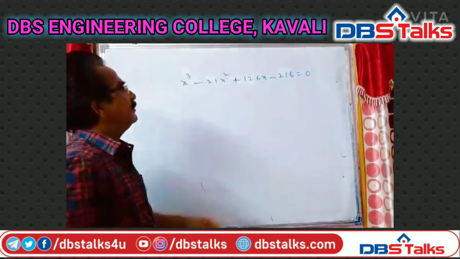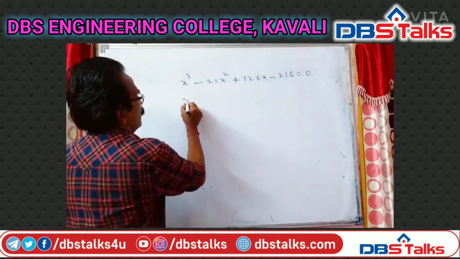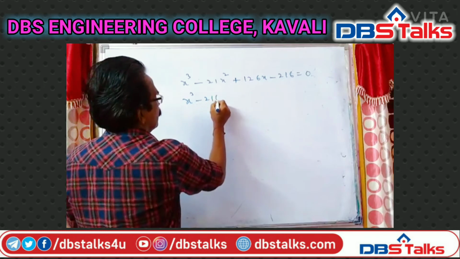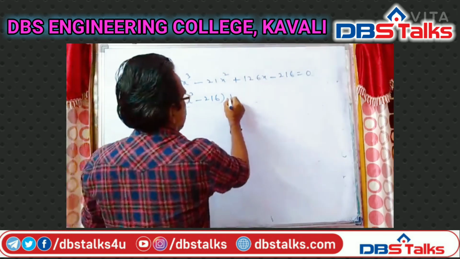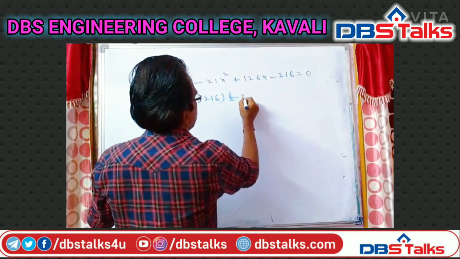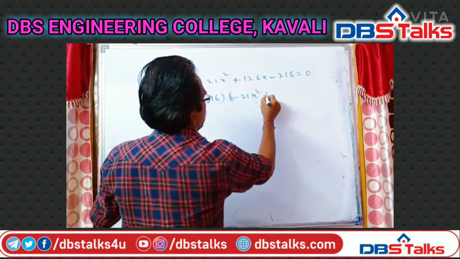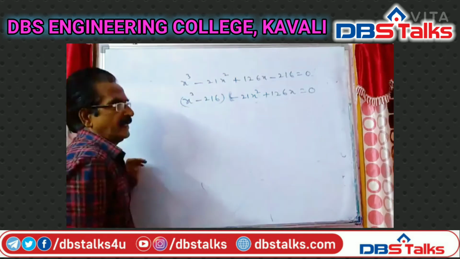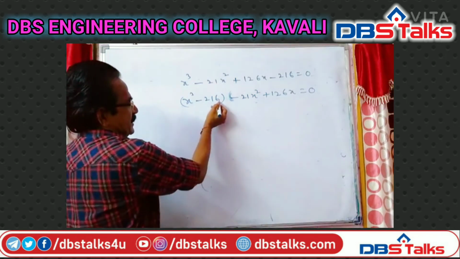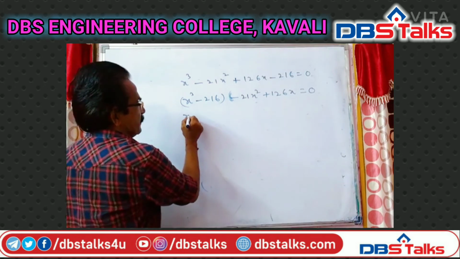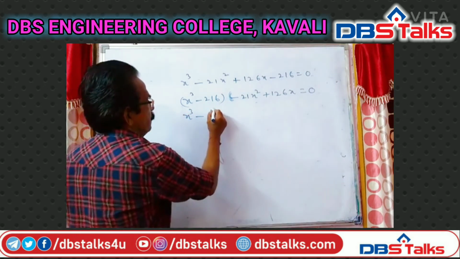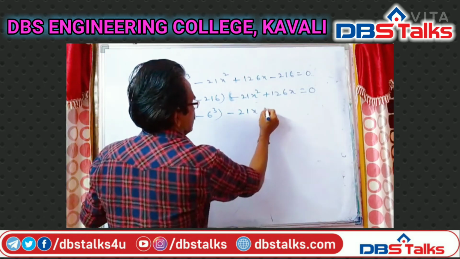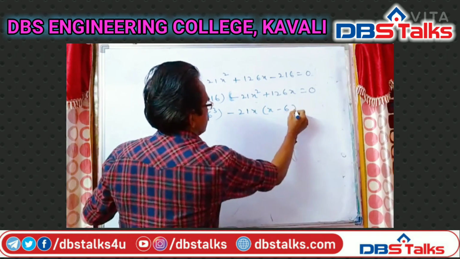Okay friends, here look at this, x cube minus 21x square plus 126x minus 216 is equal to 0. Right friends? 216 means 6 cube. So x cube minus 6 cube minus 21x into x minus 6 is equal to 0.